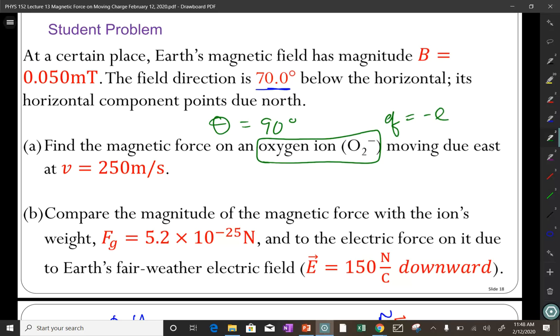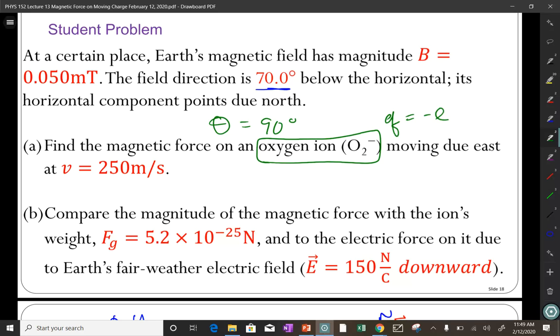Wait, why does theta equal 90 instead of 70? It doesn't. Theta is 90 degrees because your magnetic field is like this, and the velocity is like this. The angle between those two is 90 degrees.